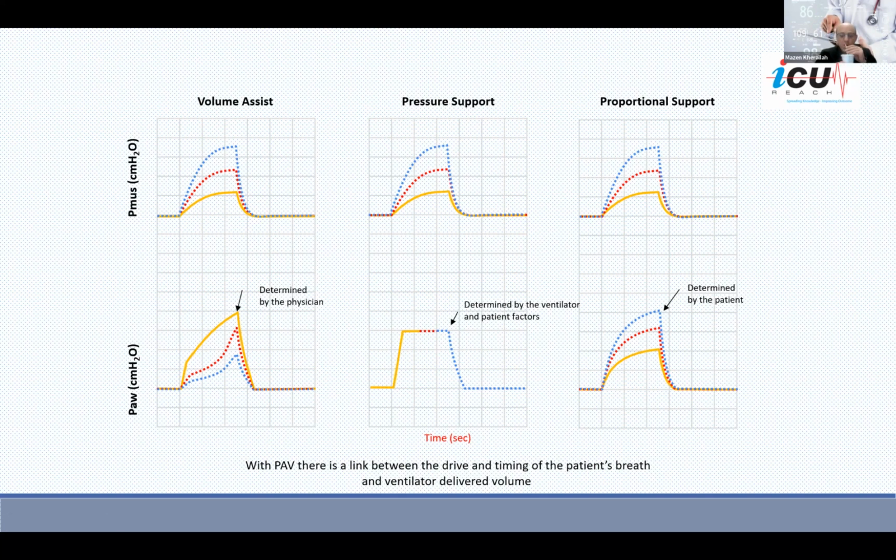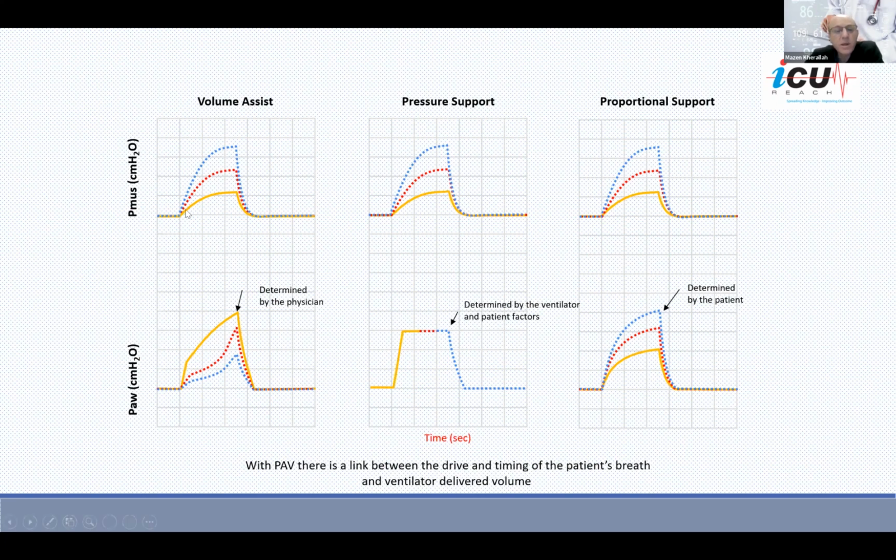And let's take a look here and compare the volume assist on the left side with pressure support in the middle and proportional support. And when we say that it depends on the patient's effort, let's change the patient's efforts and see how different it's going to be in each mode.